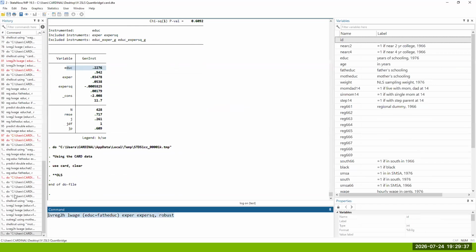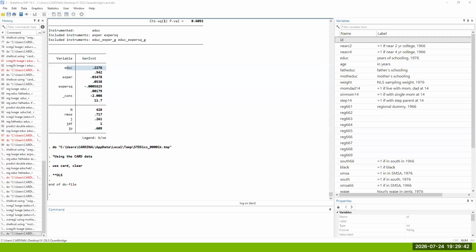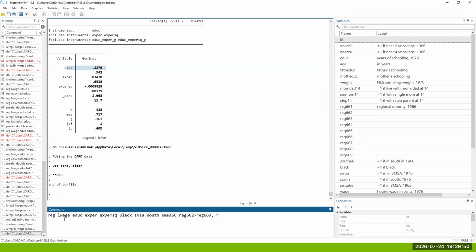So this is the Card data. Here we have wage, education, experience squared, the person's race, SMSA (I don't know much about this), whether the person lives in the south, and the region the person lives in.